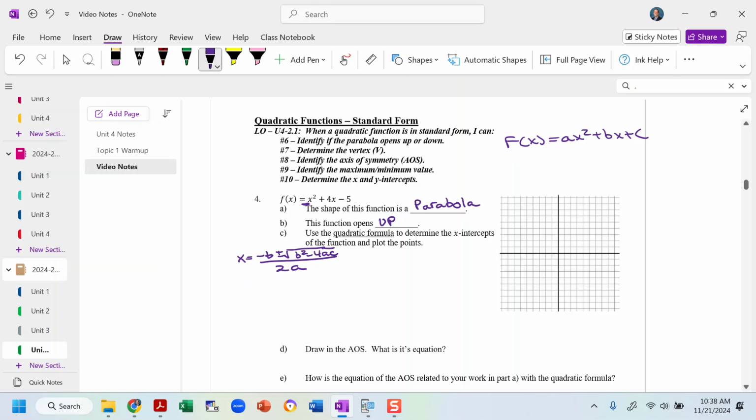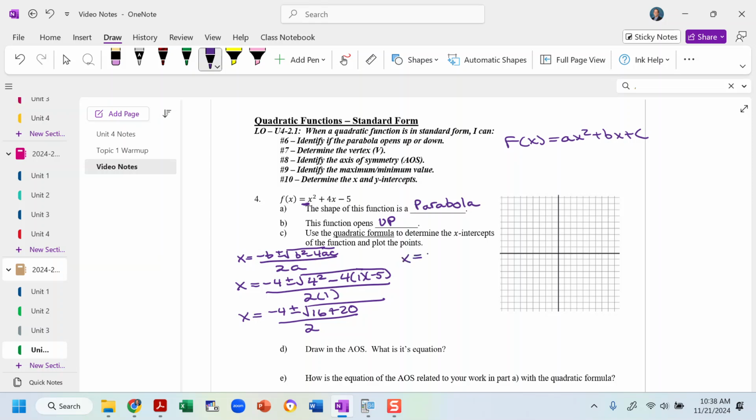So here we get that b is 4, so negative 4 plus or minus the square root of 4 squared minus 4ac all over 2a, which is 1. So you get negative 4 plus or minus the square root of 16 plus 20 all over 2, because negative 4 times negative 5 is positive 20.